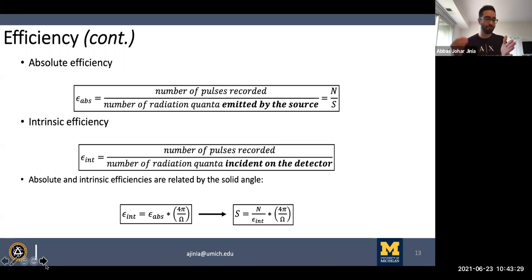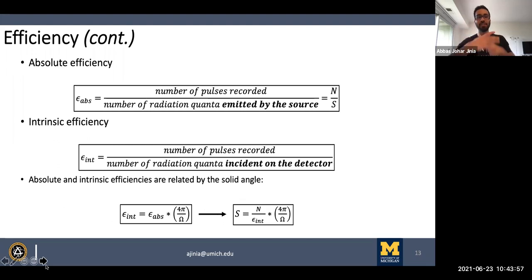So that means if we have 1,000 radiation quanta incident on the detector and we detect 999 of 1,000, then that's a great detector because pretty much all the radiation that was incident on the detector was detected. And intrinsic efficiency is more informative about the efficiency of the detector.